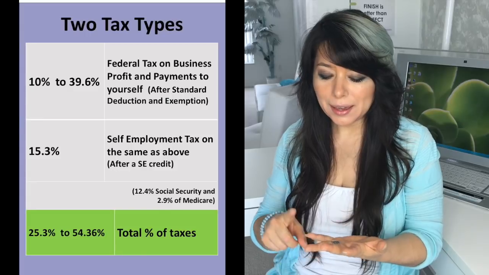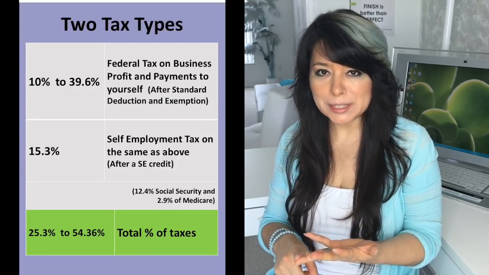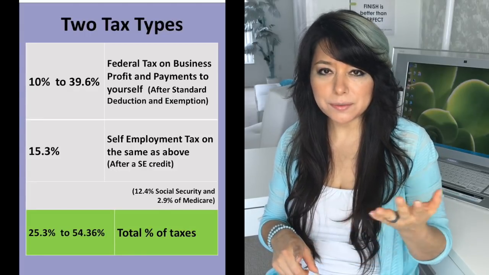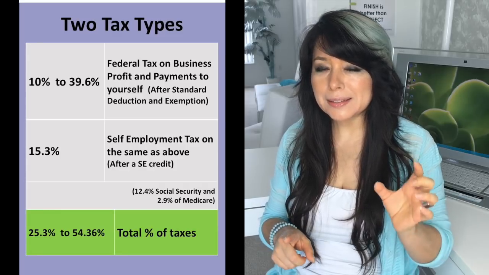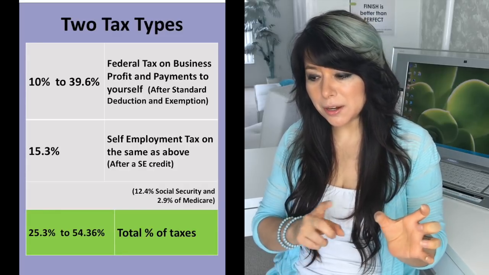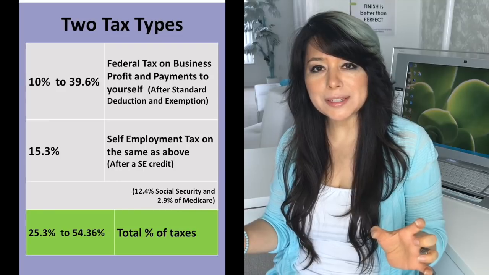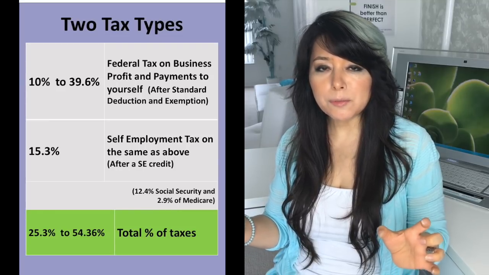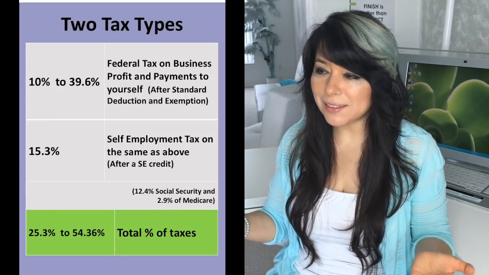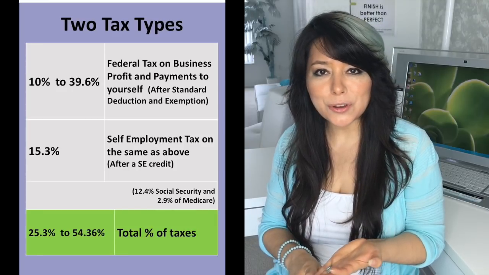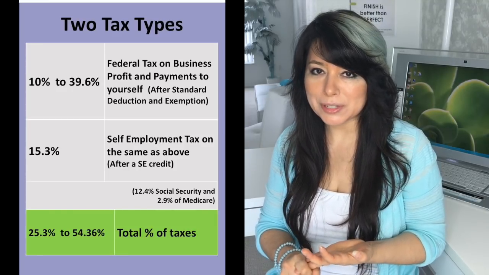Now, that profit and the payments that you pay yourself as a sole member get charged two different taxes. One is the federal tax and the other one is the self-employment tax. The federal tax could be 0, but it generally starts from 10% all the way to 39.6%. And the self-employment tax, which is nothing more than Medicare and Social Security, is 15.3%.